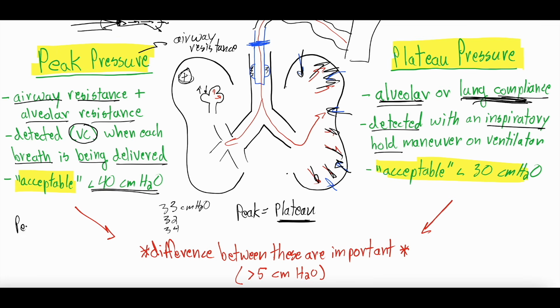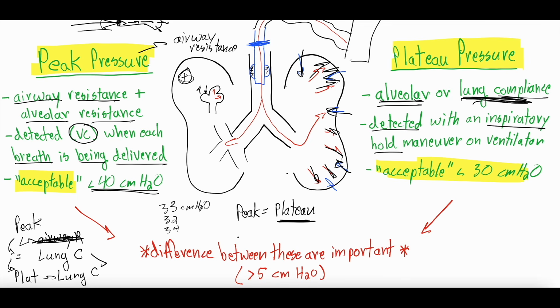So if the peak pressure is proportional to airway resistance, we'll just say airway R, and lung compliance, lung C, and we're saying the plateau pressure is proportional to lung compliance. If the peak equals the plat, that just means that all the peak pressure is lung compliance and the airway resistance is not contributing.